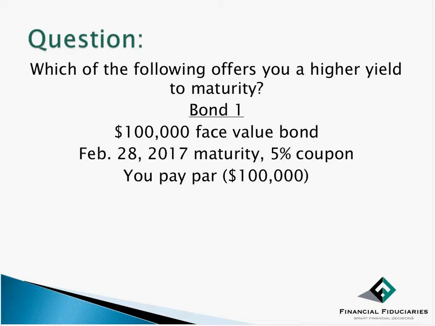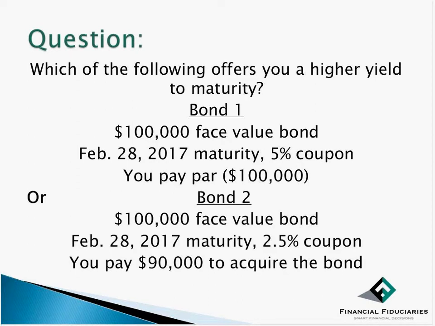So $100,000 4-year investment at 5%. Or bond 2, $100,000 face value bond, you only pay $90,000 to acquire this bond, but it only pays 2.5% interest, comes due the same time. Which of these bonds offers a higher yield to maturity?